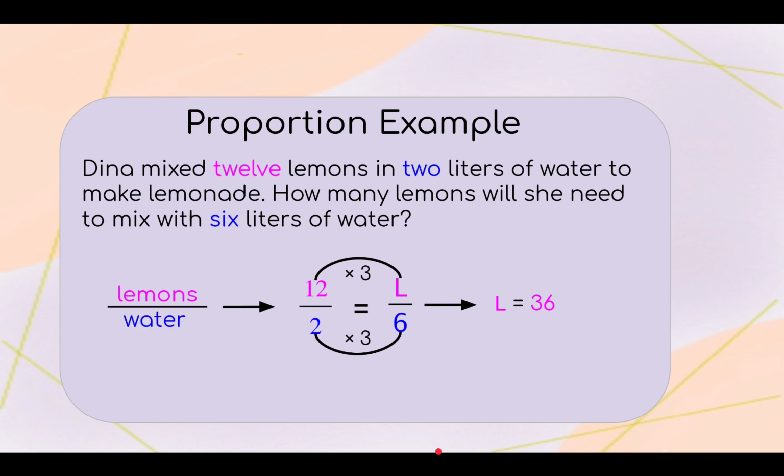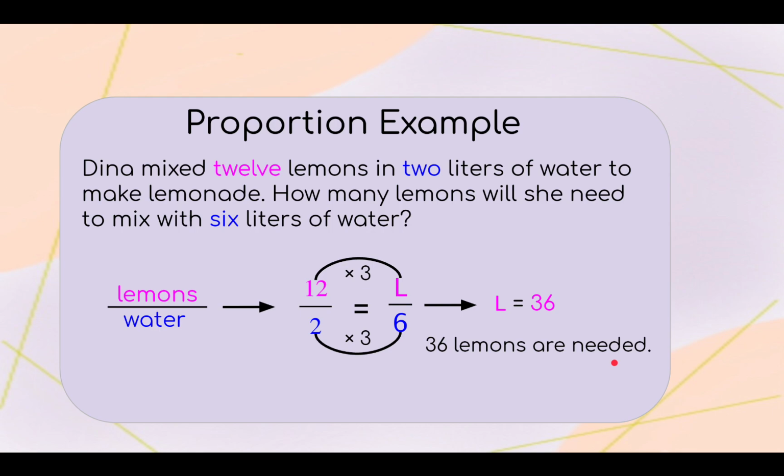I want to make sure that I write it as a sentence. So going back to the question, it says, how many lemons will she need to mix with 6 liters of water? 36 lemons are needed. You can write it in a fuller, completed sentence, but just for space-wise on this slide, I'm just going to keep it as 36 lemons are needed.